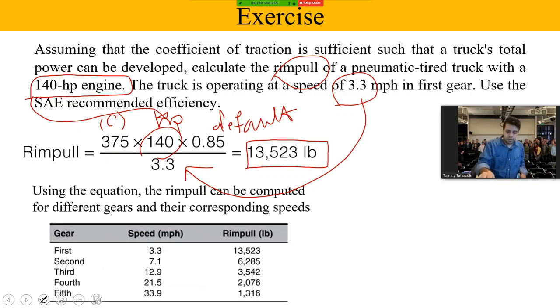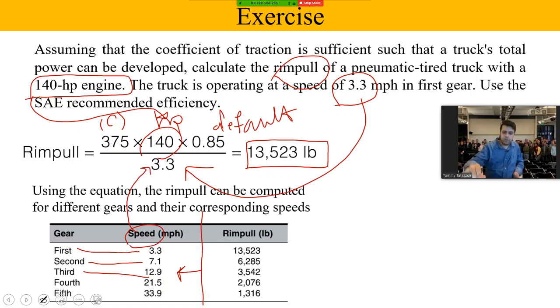For example, this to the left is given by the manufacturer. You know, in the first gear, this is the speed you can get, second, third, fourth, and fifth. So by moving these numbers, instead of 3.3, you can find the rim pull for different gears.